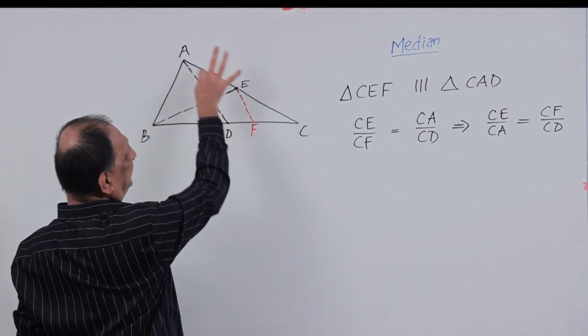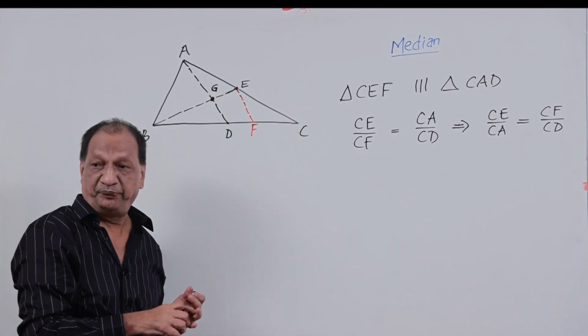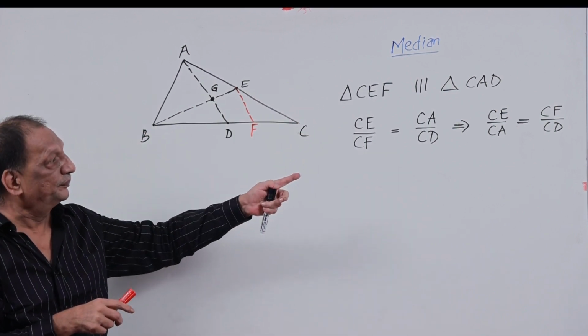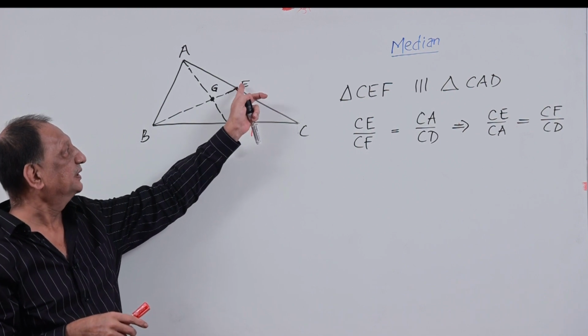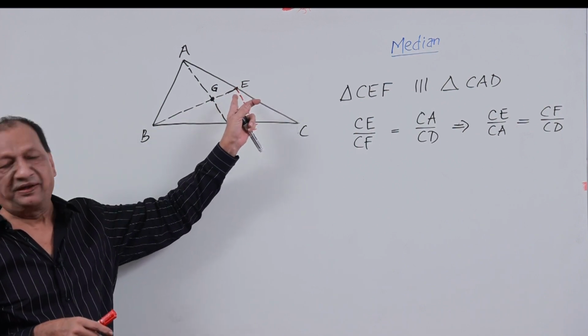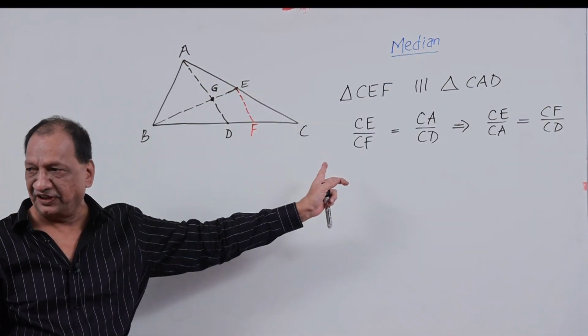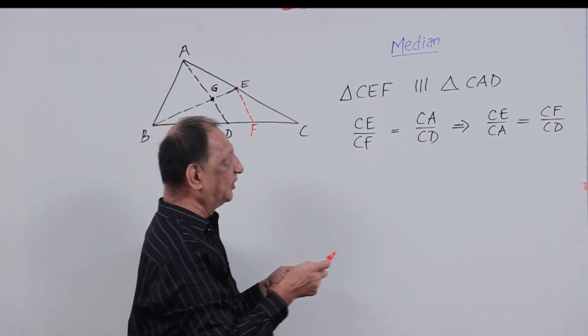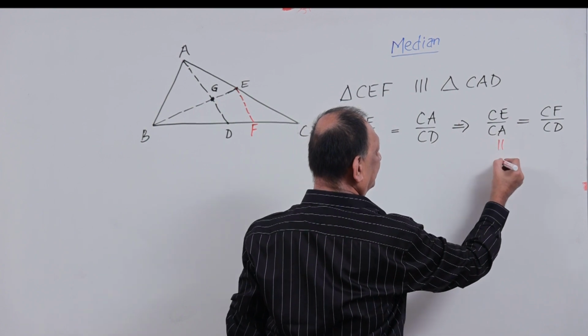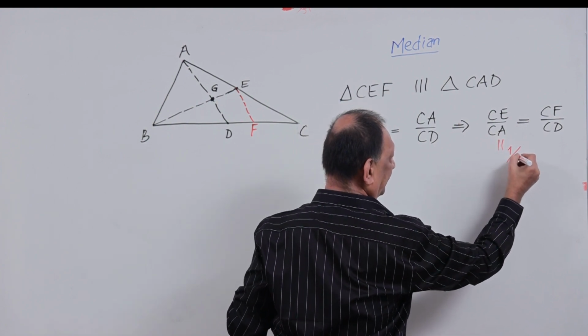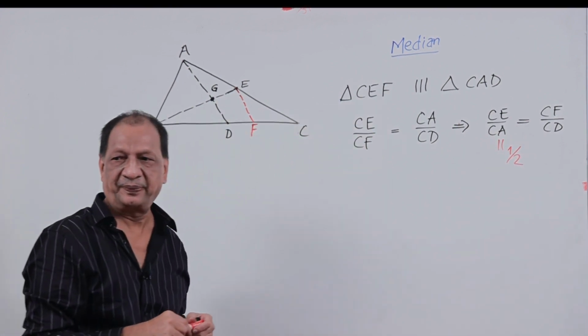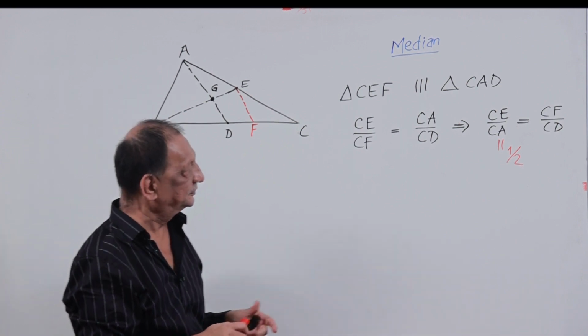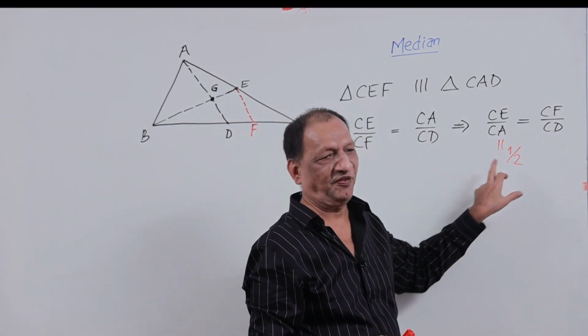So CE by CA, what is the value of CE by CA? Remember, BE was a median. Therefore, E is the midpoint of AC, that is known. Therefore, CE by CA is equal to half. So, CF by CD also must be equal to half.